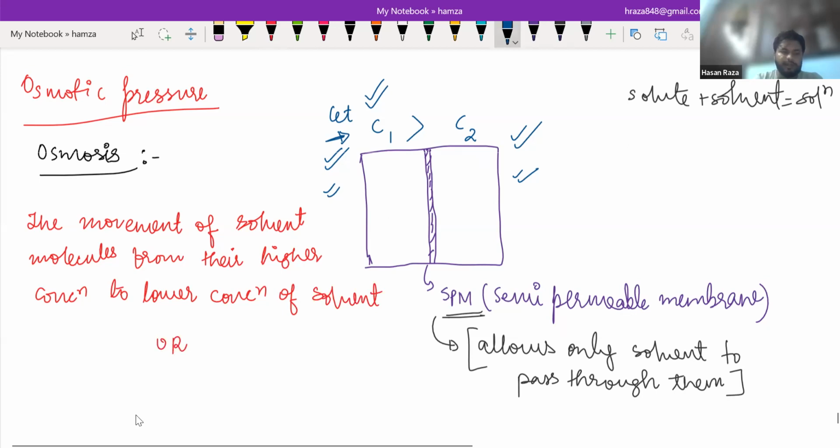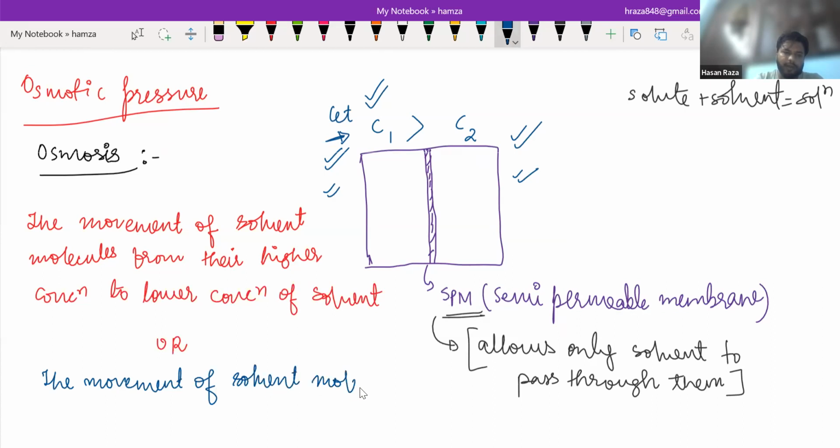And the second definition is the movement of solvent molecules from lower concentration of solution. That means on that side solute is lesser, that means solvent is greater.